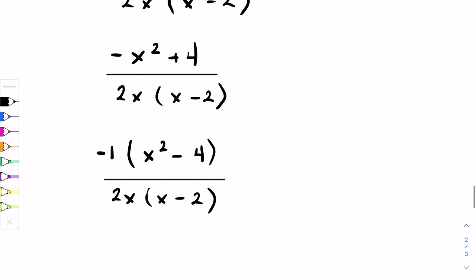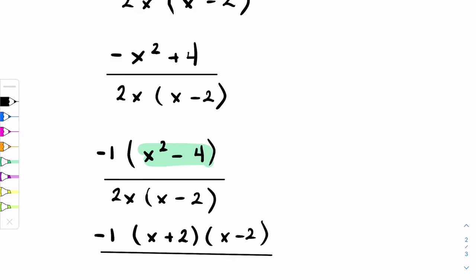And now at this point, you can factor x squared minus 4, the two factors that multiply to negative 4, and add to 0 are positive 2 and negative 2. So our numerator becomes negative 1 times x plus 2 times x minus 2, divided by the common denominator of 2x times x minus 2.